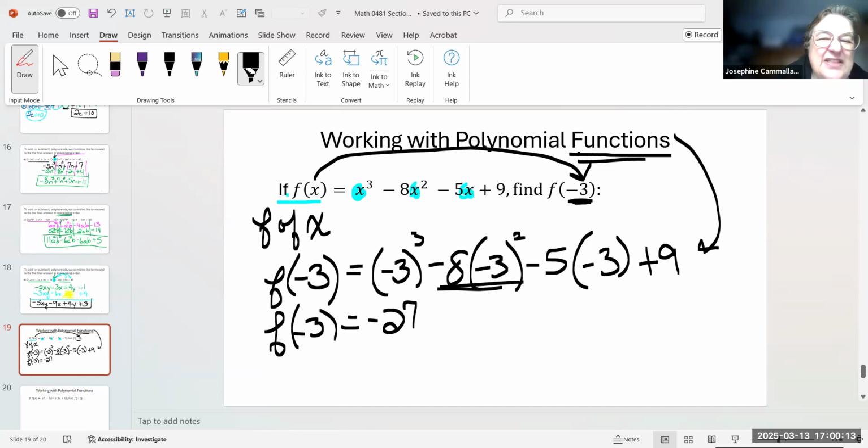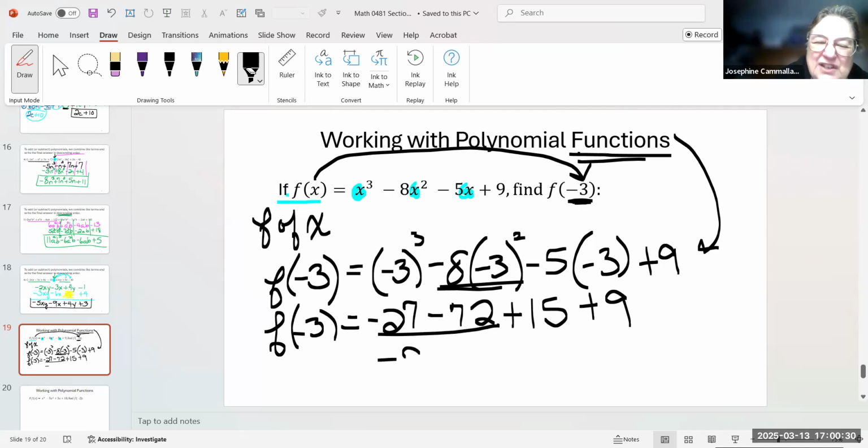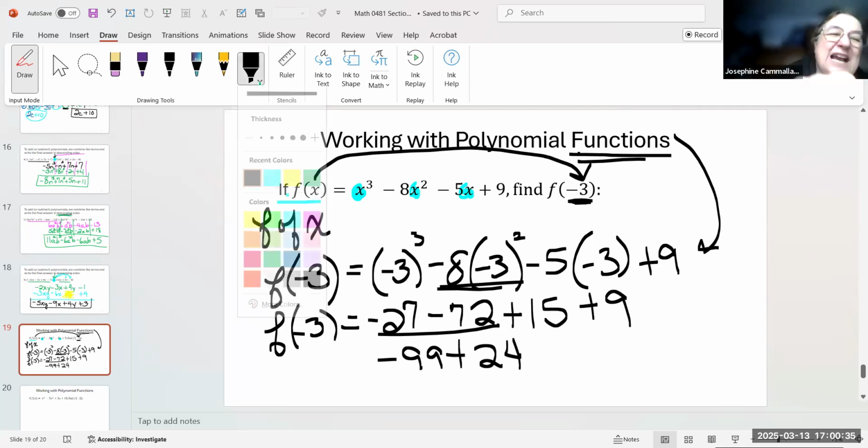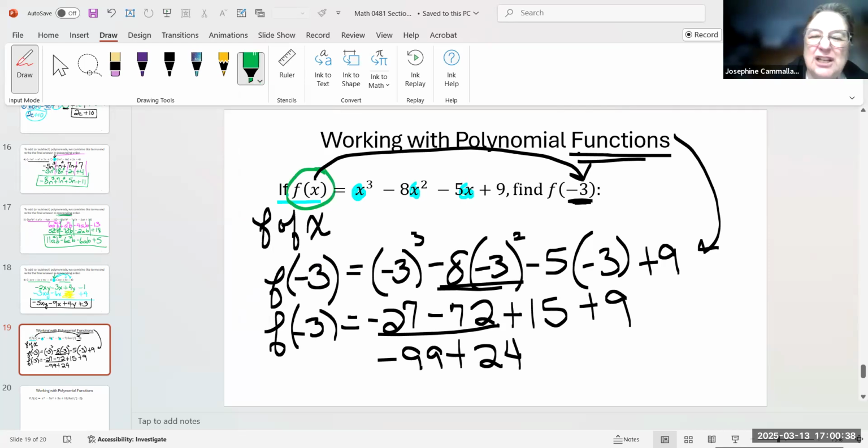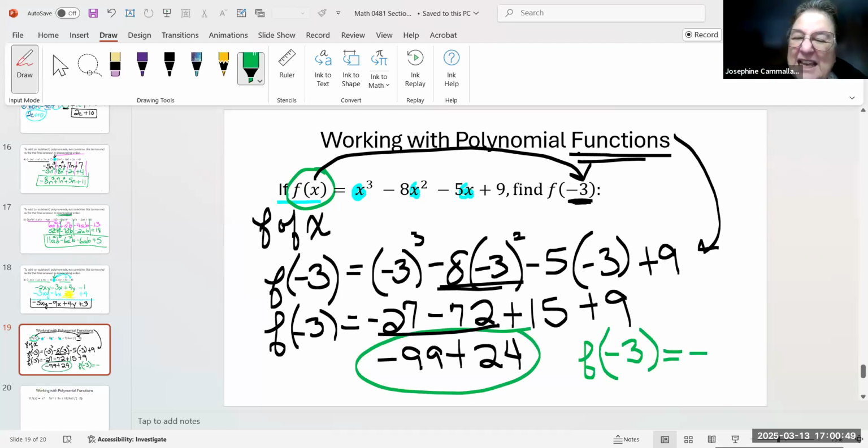Now, this is 9, positive 9 times -8 is -72 plus 15 plus 9. Now, these two are going together, which is -99 plus 24. Because this is written in function notation, my answer is f of -3 equals a negative, in this case, 75.